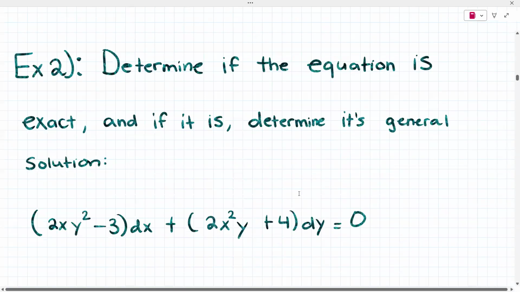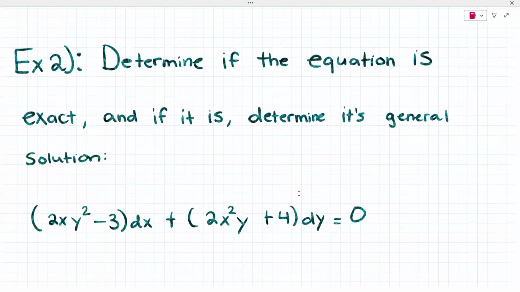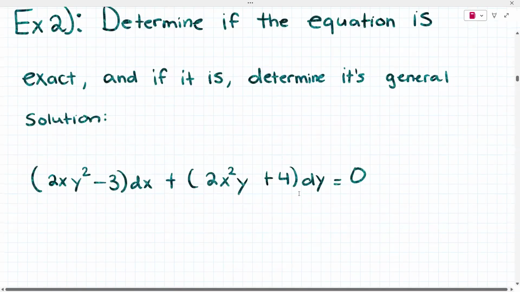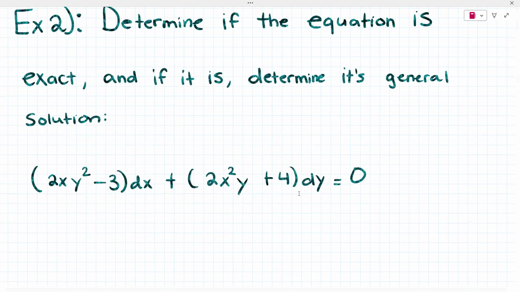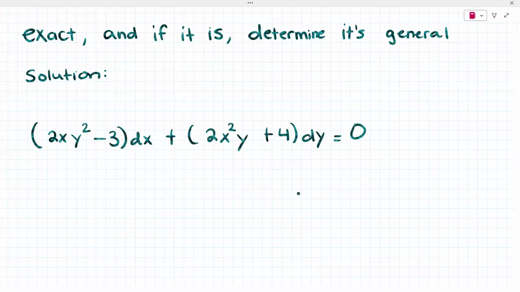So example 2 says determine if the equation is exact, and if it is, determine its general solution. So we have parentheses 2xy squared minus 3 dx plus parentheses 2x squared y plus 4 dy equals 0. So first step is determine if we have it in the correct form. If not, then we can't do this problem.